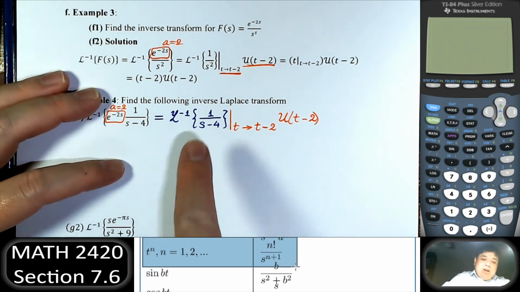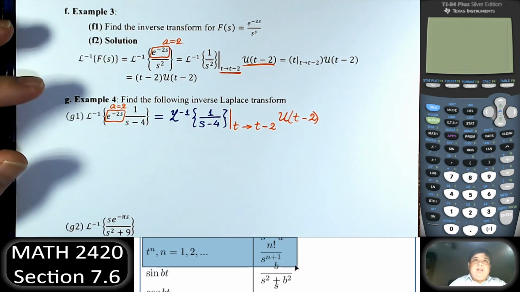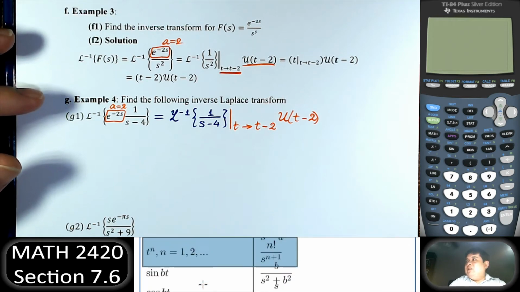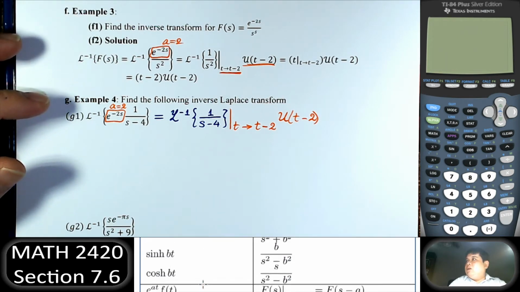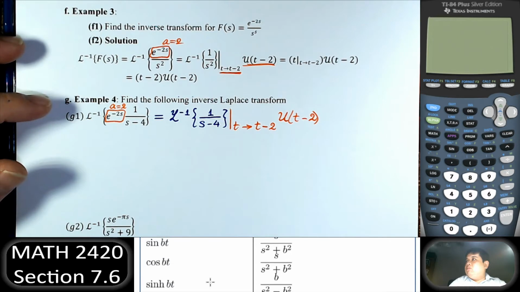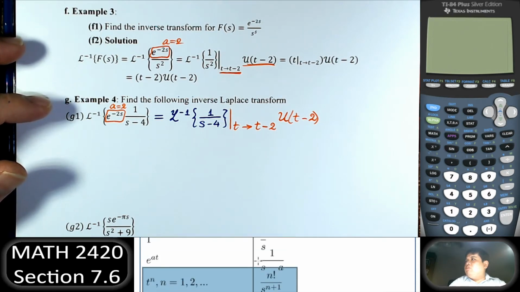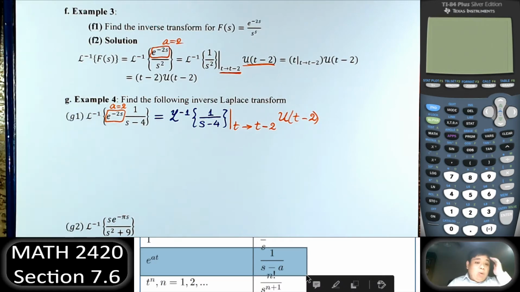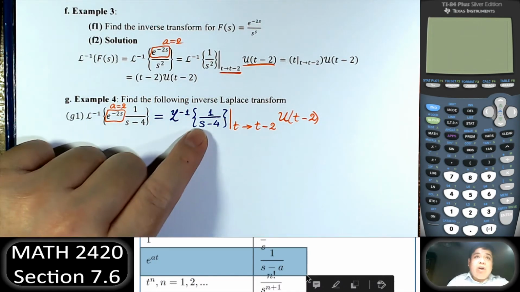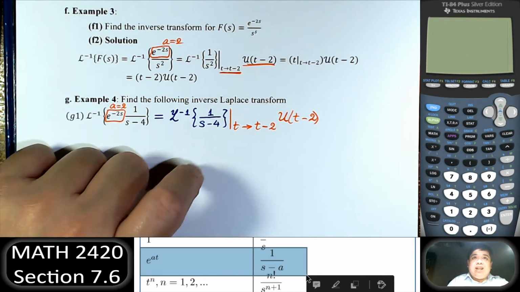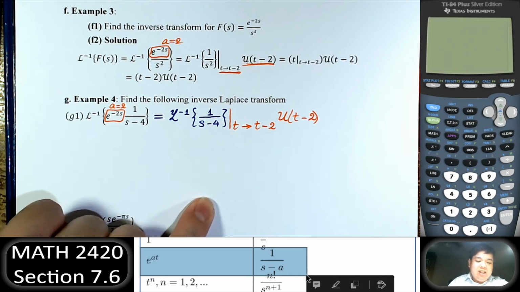Next, just need to do the inverse transform of 1 over s minus 4. Well, that's easy. Where the exponential? Oh, here. Right. By the way, you will recognize that when we have s minus 4, that is e to the 4t and then 1 over s.